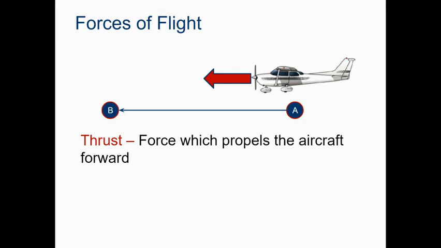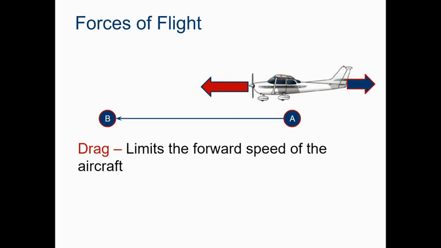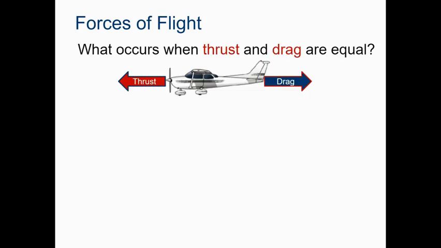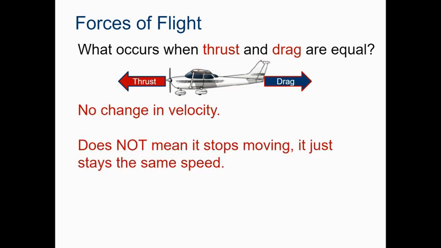All right, so let's look at thrust and drag in terms of an aircraft. Thrust is the force that propels our aircraft forward, kind of like the force of the engine with the car. And drag limits the forward speed, the forward acceleration of the aircraft. And when drag and thrust are equal, what do we have? We have equilibrium.